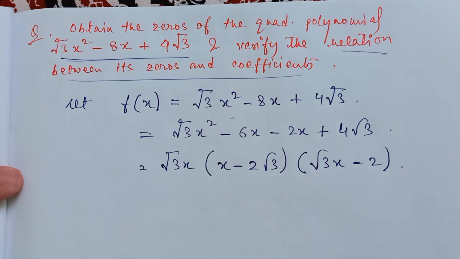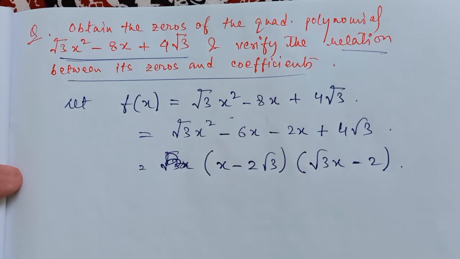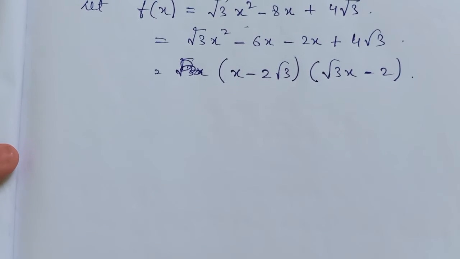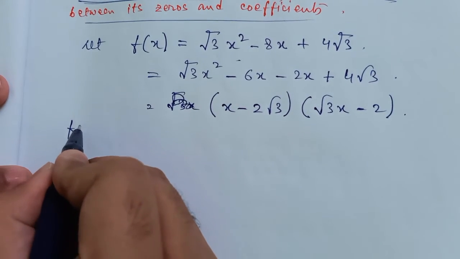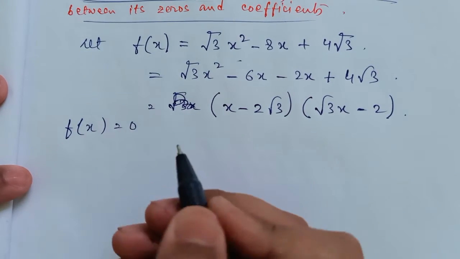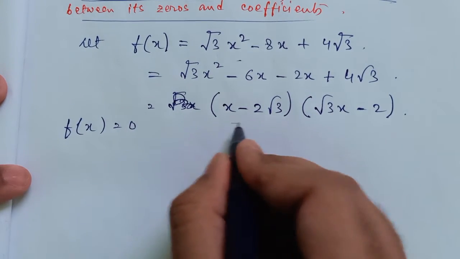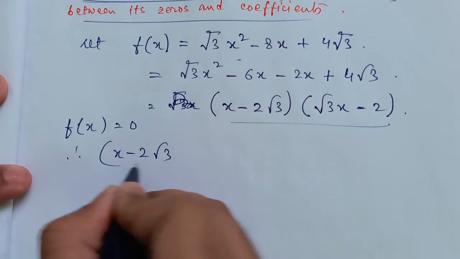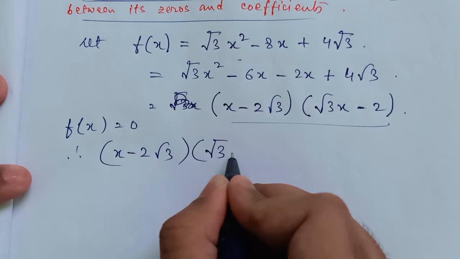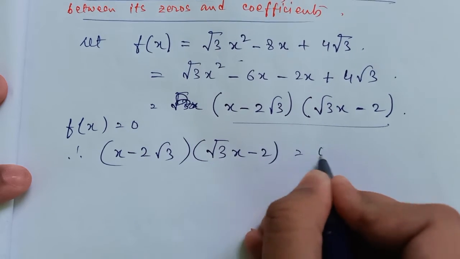So this is the result you are getting, okay. For finding the zeros, what will be the condition? f(x) will be 0. So if f(x) is 0, this will be equal to 0, therefore (x minus 2 root 3) into the other factor will be equal to 0.